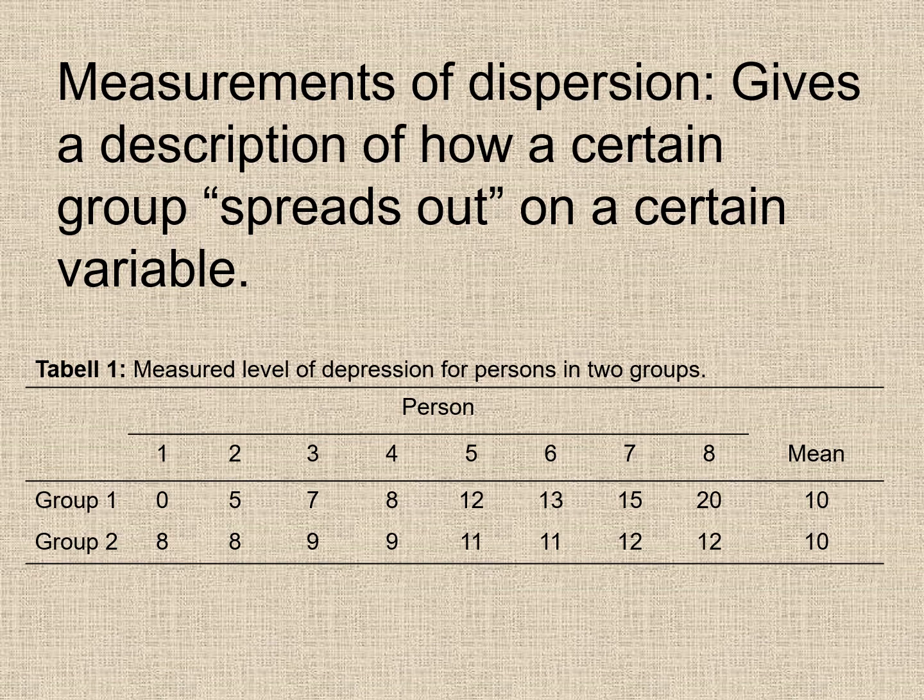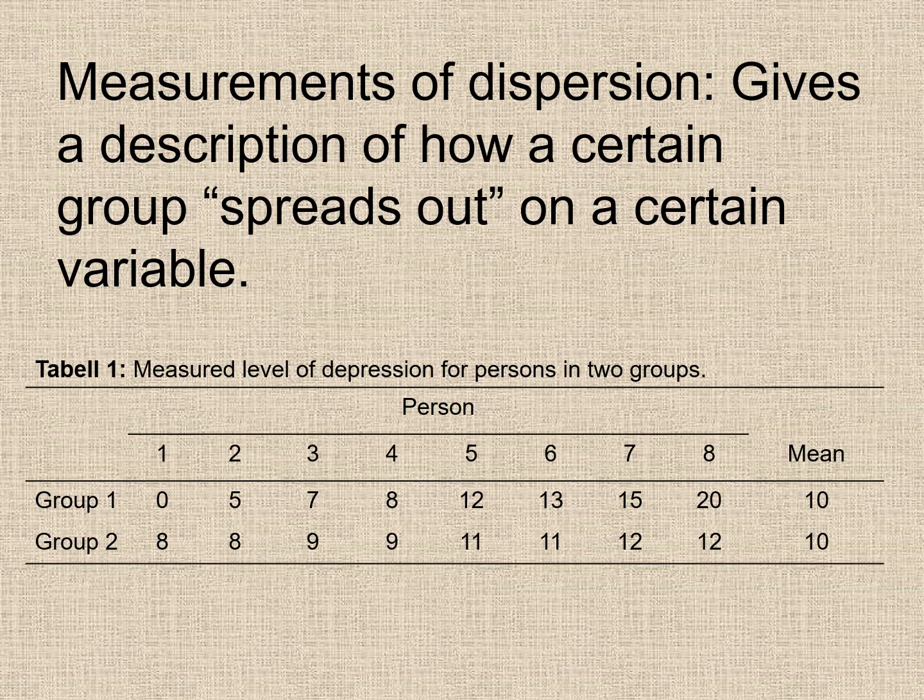As an example, imagine we have 2 groups, group 1 and group 2, with 8 individuals in each group, and we have the mean 10 in each group. So if that was the only thing we knew, that the mean is 10 in both groups, we might believe that it looks the same in these 2 groups when it comes to this variable, depression or whatever it is.